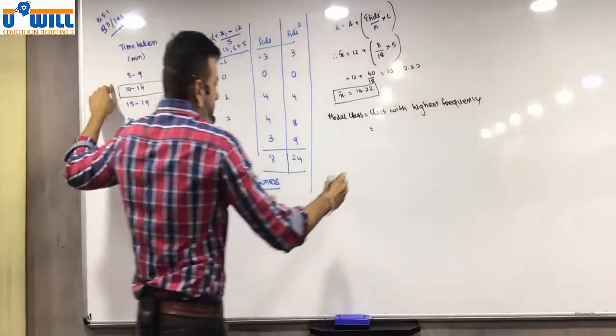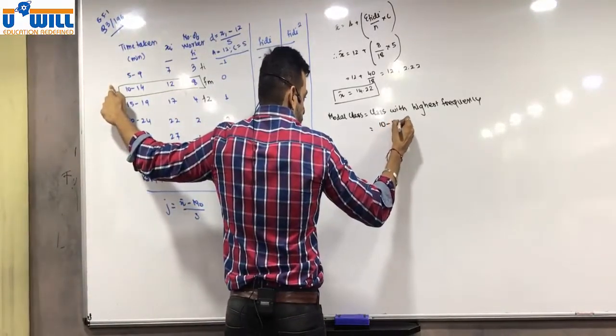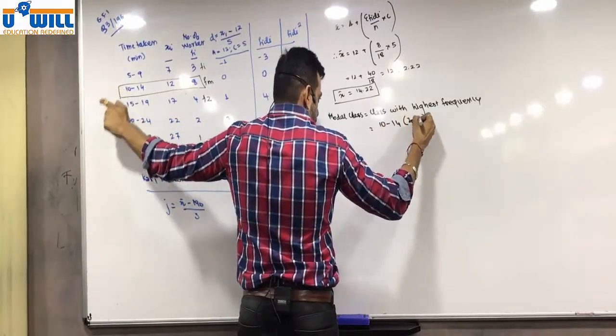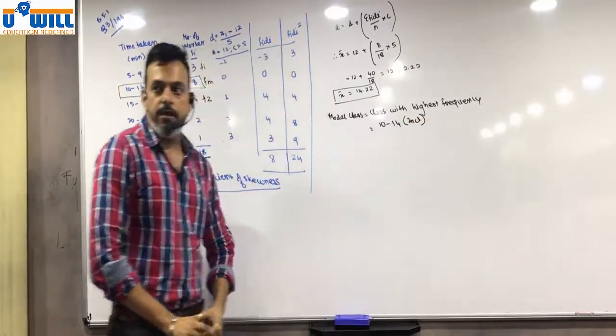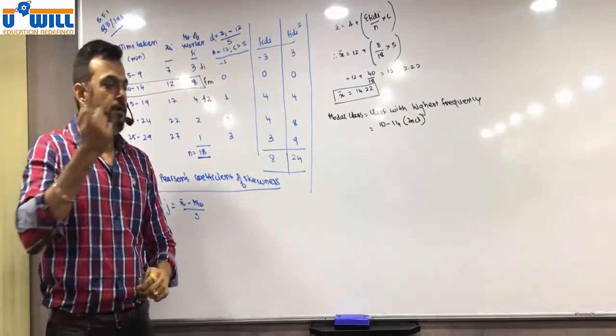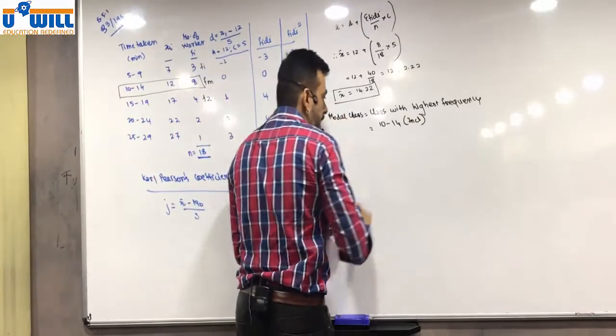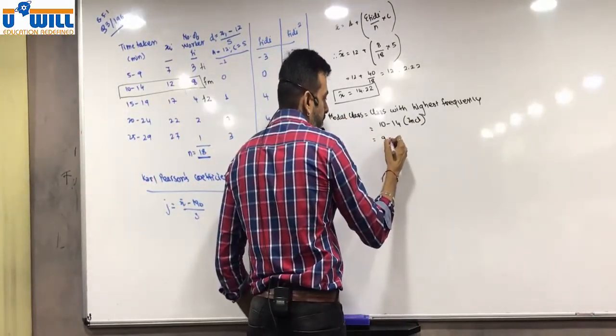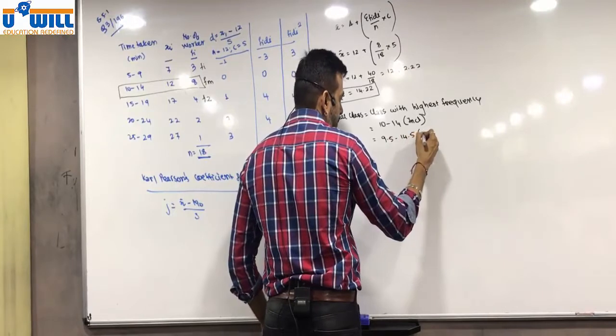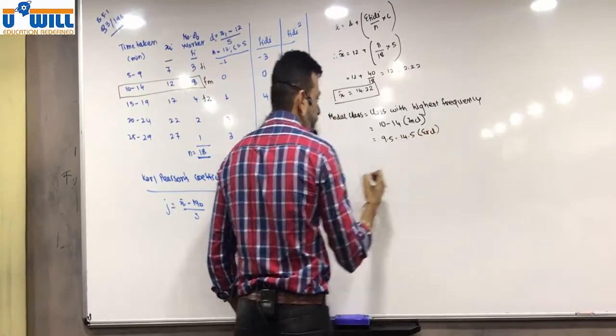Now the modal class is 10 to 14. What type of class? Inclusive. Is it okay? No, we have to convert inclusive into exclusive. So 9.5 to 14.5 exclusive.